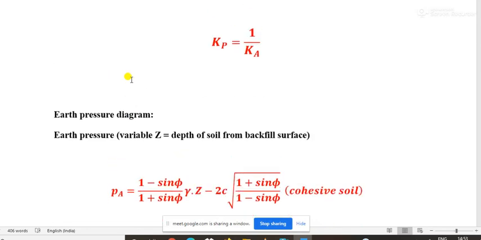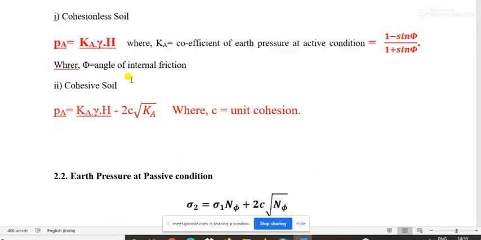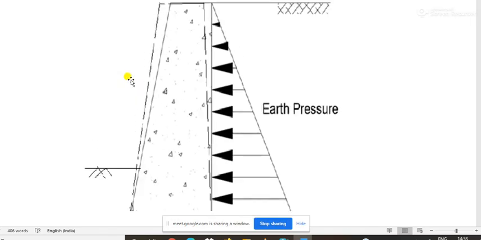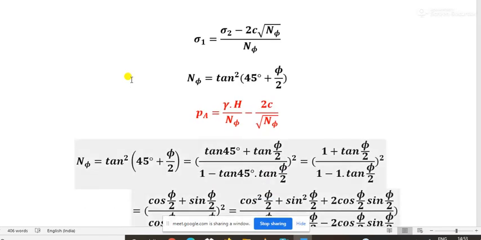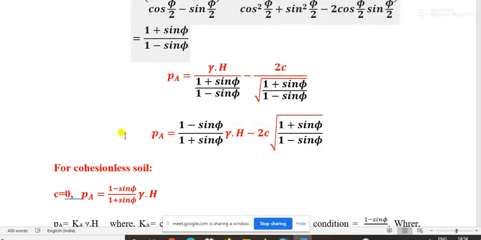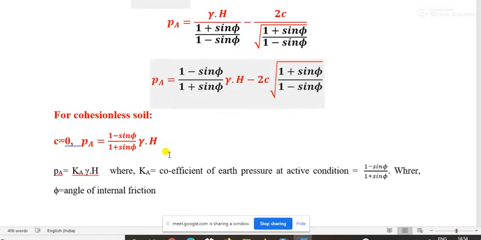Okay. As a reminder, I may show the equations for the active earth pressures. This is the general equation for active earth pressure.